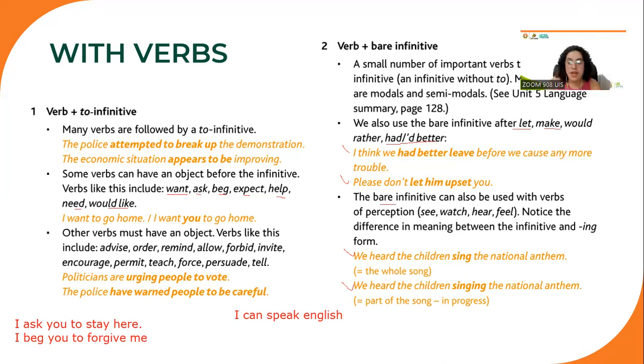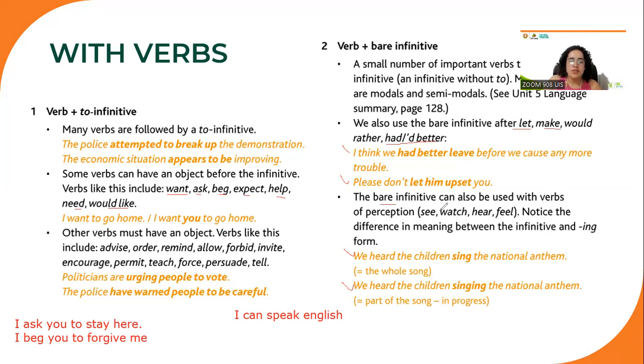All right, so here we have two sentences, one with the infinitive and one with the participle form, the ing. We heard the children sing, so we heard the complete song, versus we heard the children singing the national anthem, okay? We listened to part of the song because the action was in progress. So that is a small difference in meaning there.